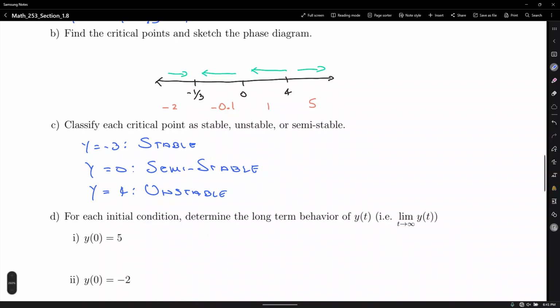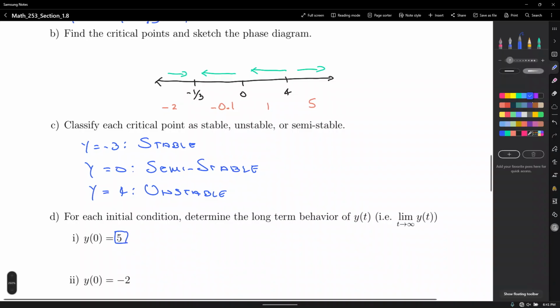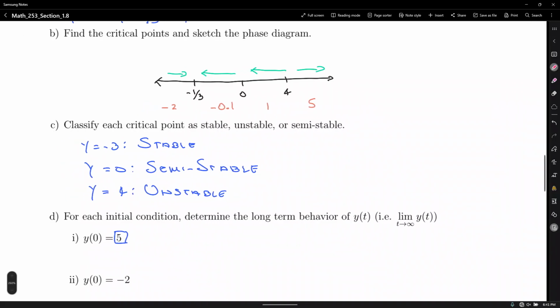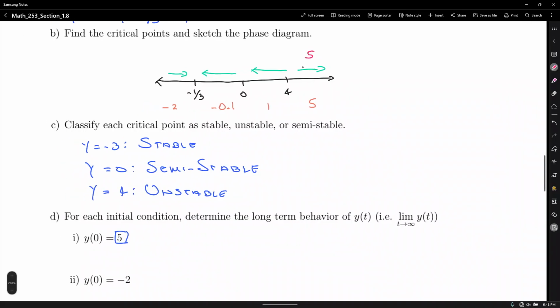So this means let's have a look at the number 5 right here and put it on the number line. Let me use a different color for this. At y equals 5, it's going to do whatever the arrow is doing. Where is 5 going to? Well, it's just going to positive infinity. So this green arrow is pulling that 5 towards positive infinity.